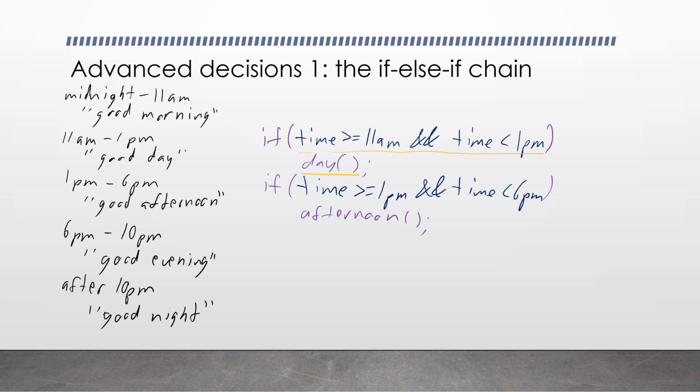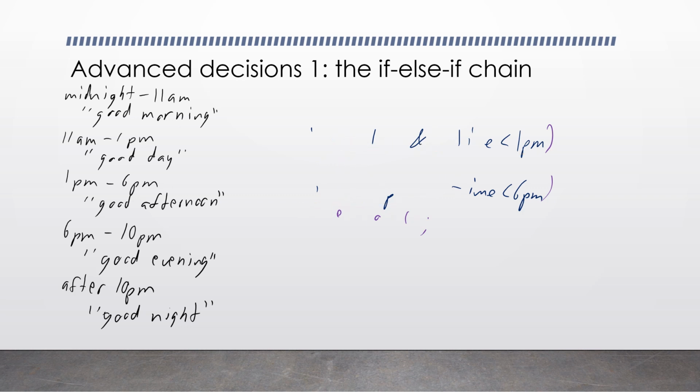Well, now I'm forced to check if the time is greater than or equal to 1 p.m. and if the time is greater than 6 p.m. and if the time is greater than 10 p.m. Even though I've already done what I meant to do. So there is, I bet you can guess this, a better way.